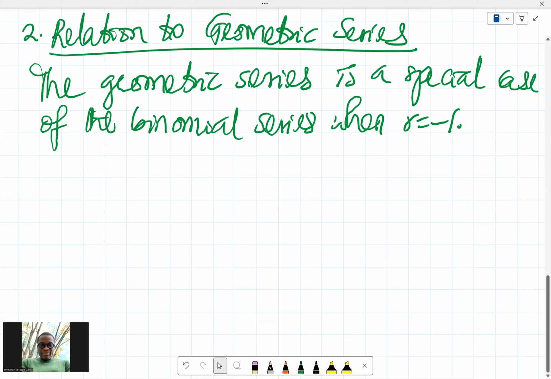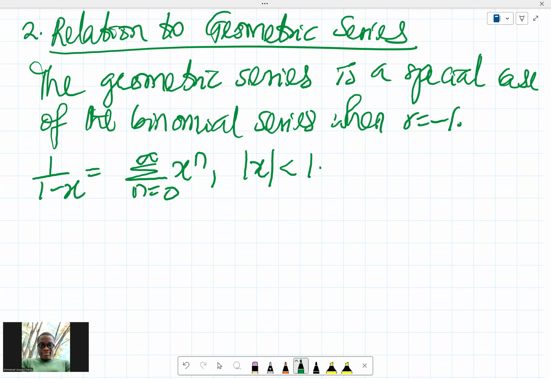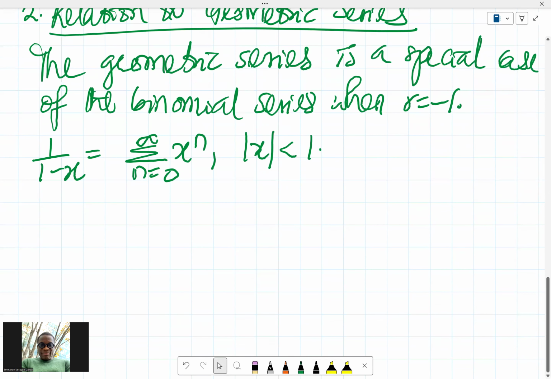Okay, imagine that you have 1 over 1 minus x is equal to summation from n equals 0 to infinity for x raised to power n, where the absolute value of x is less than 1. That is, x lies between minus 1 and 1, right?